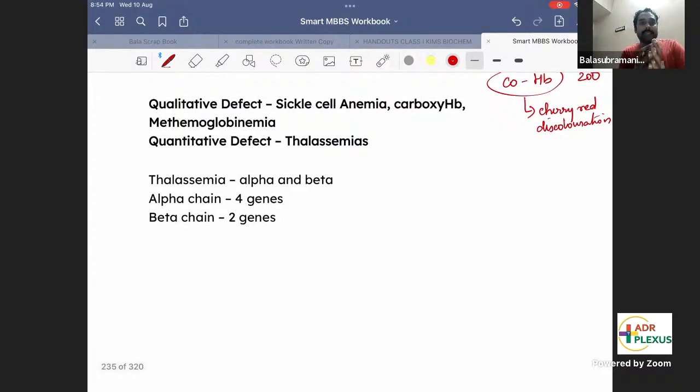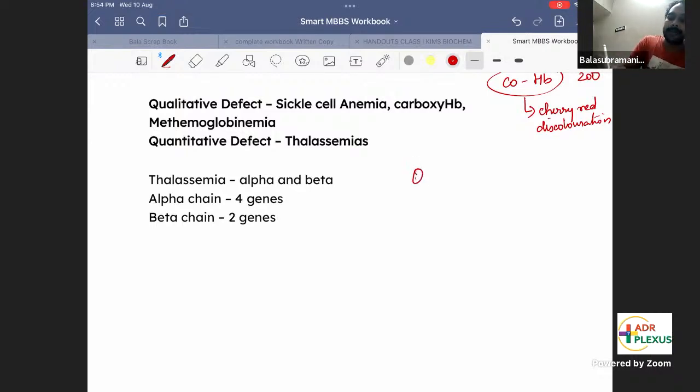Okay, so now all these problems so far, sickle cell hemoglobin, HbC, D, E, carboxyhemoglobin, all these are qualitative problems. The quality of the hemoglobin is problematic. What if there is a quantitative problem?